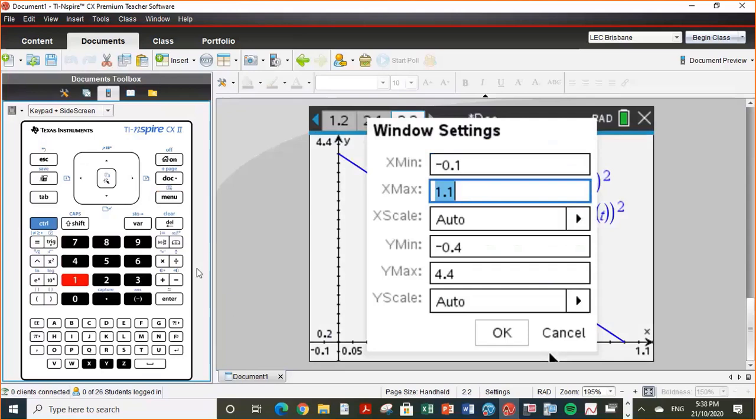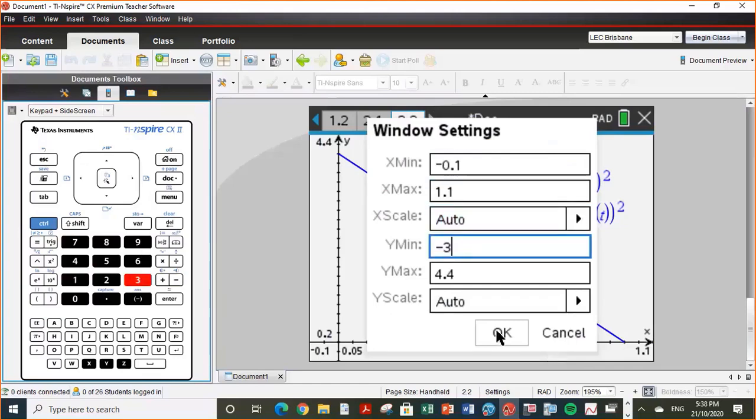What we'll do now is press menu and then 5 for trace. We'll have a look at our trace step. I'm happy with automatic here. Press OK. Then we'll press menu again, trace, graph trace.